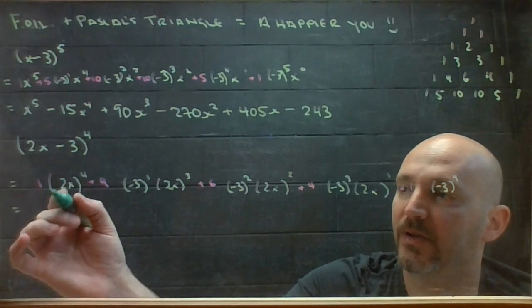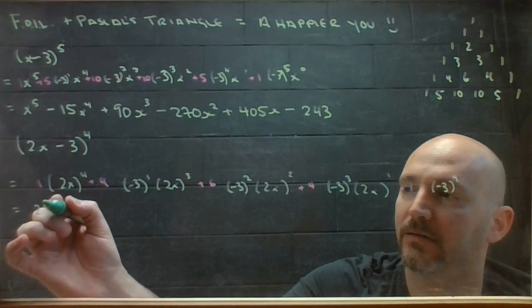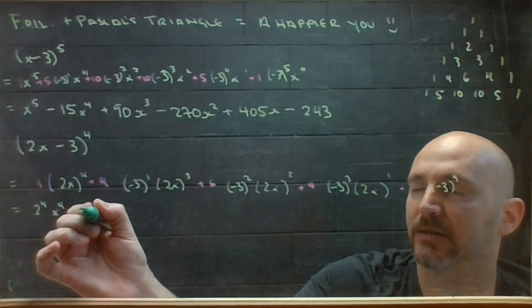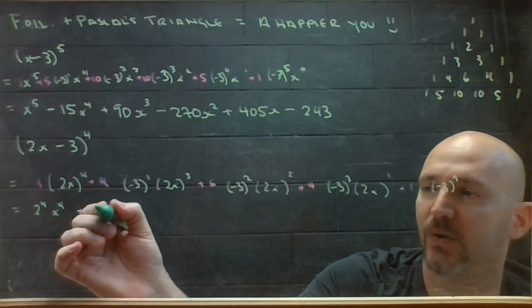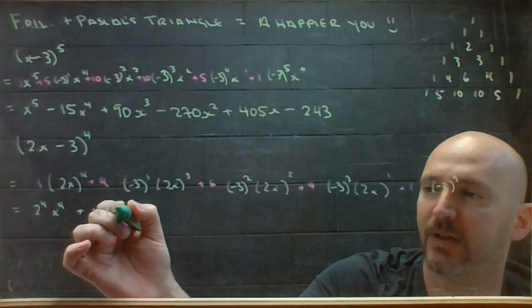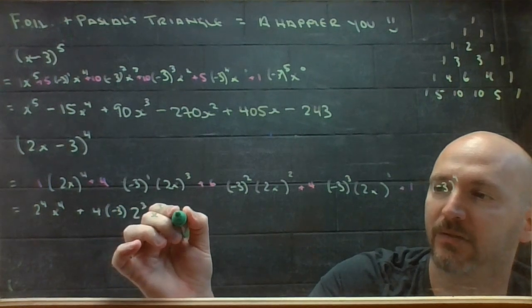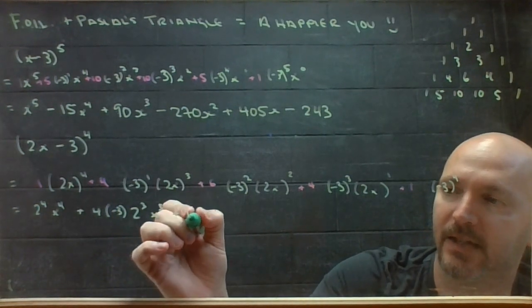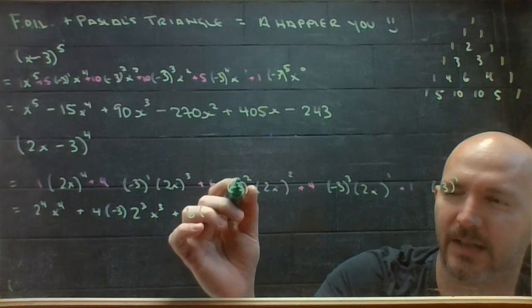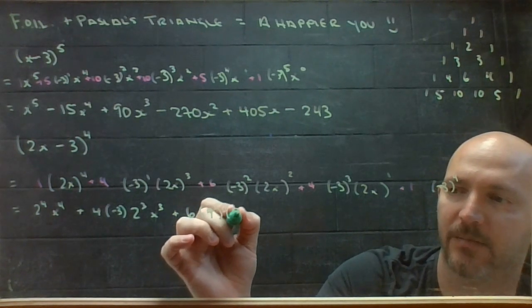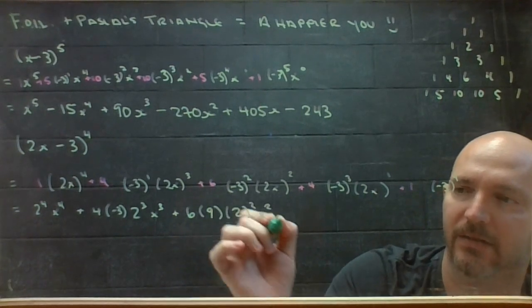This is 2 to the power 4 and an x to the power 4. This is 4 times negative 3 times 2 cubed, x cubed. This is 6 times negative 3 squared is 9 times 2 squared, x squared.